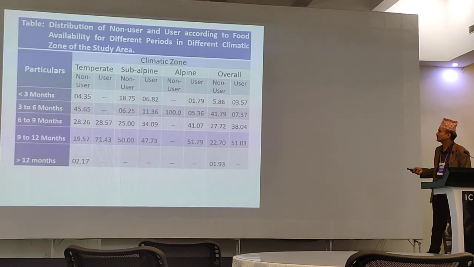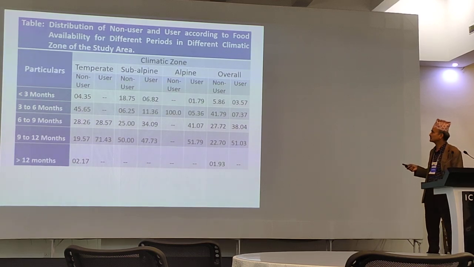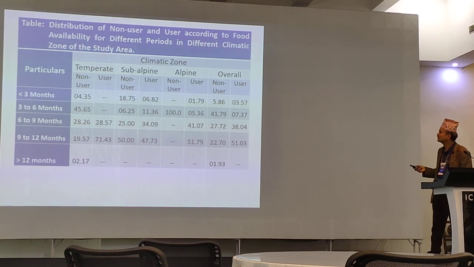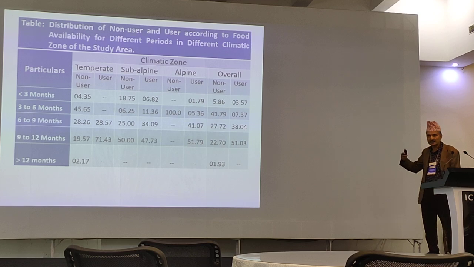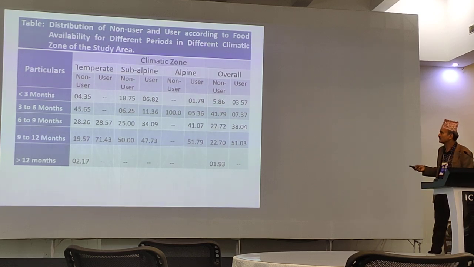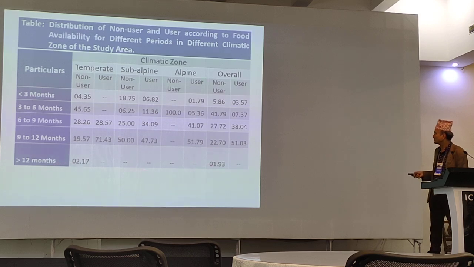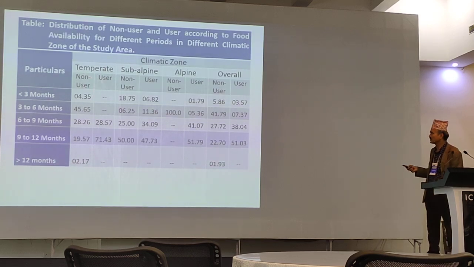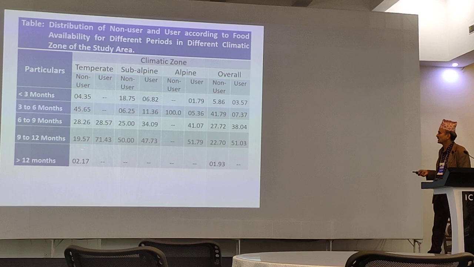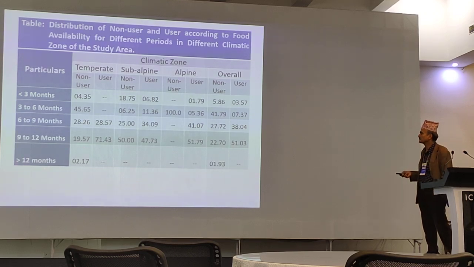I will go for the distribution of non-users and users according to food availability. If you watch, the food availability is very critical. For 12 months, nobody has it, except for temperate, because it's near the lower area, so they have something like more than 12.